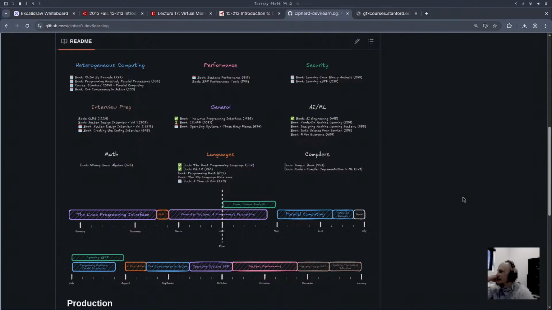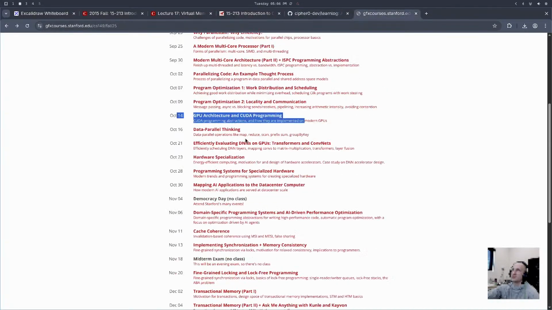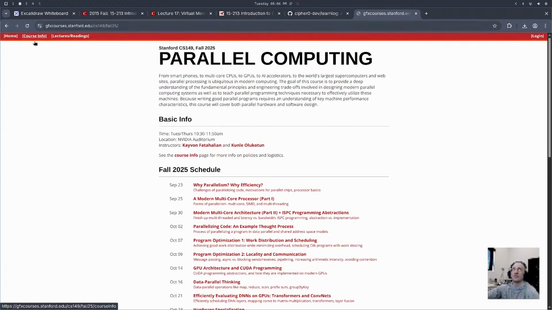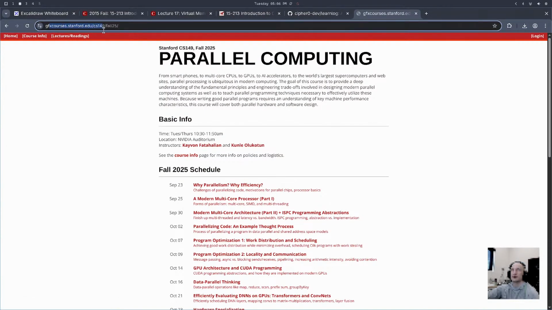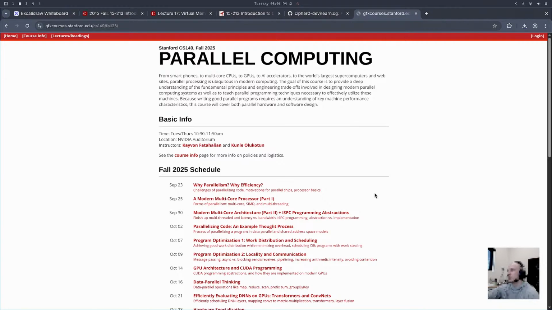Do you know about graphics as well? I don't do much graphics, but this parallel computing course obviously is in the graphics department, graphics courses at Stanford. So we will be getting into that later on this month.